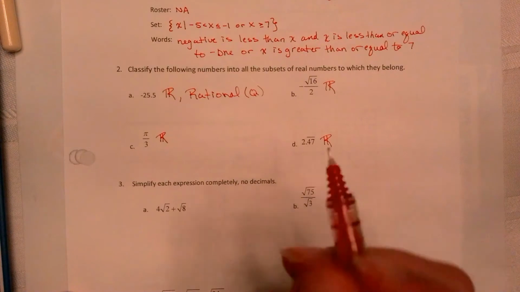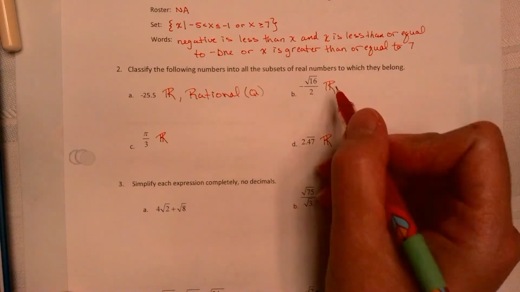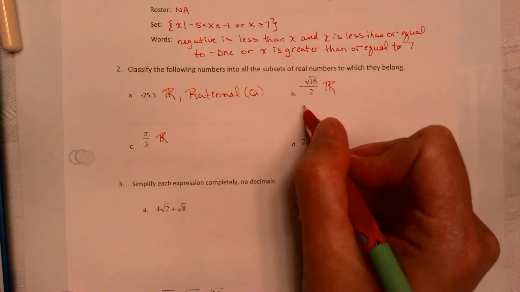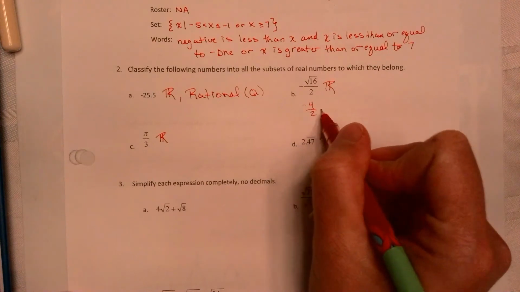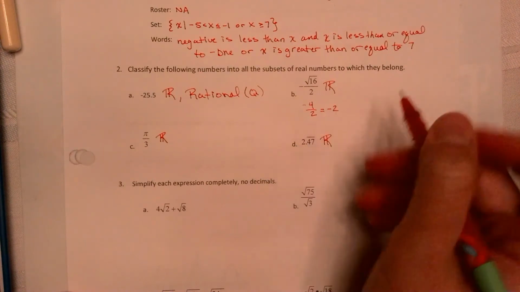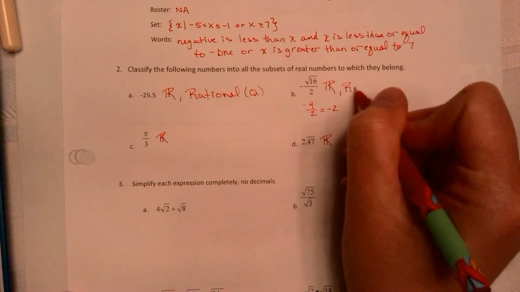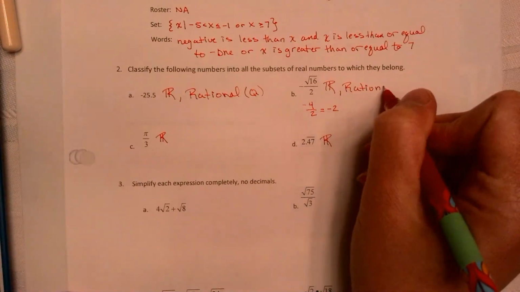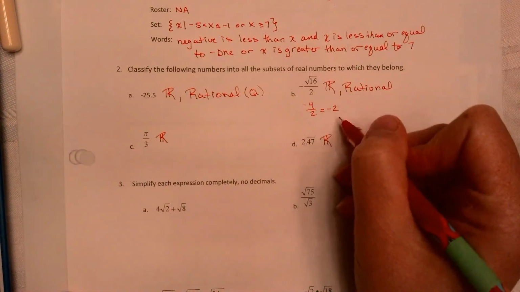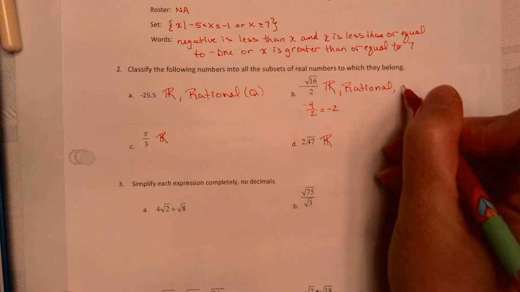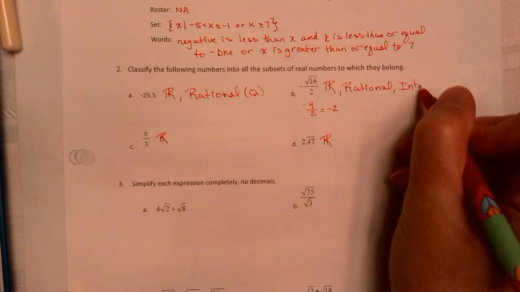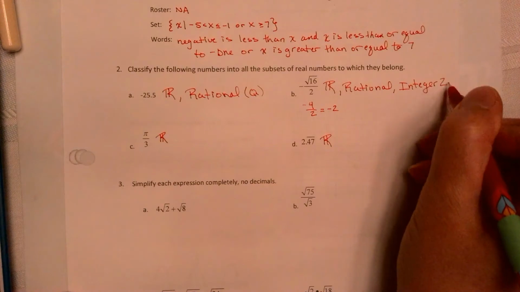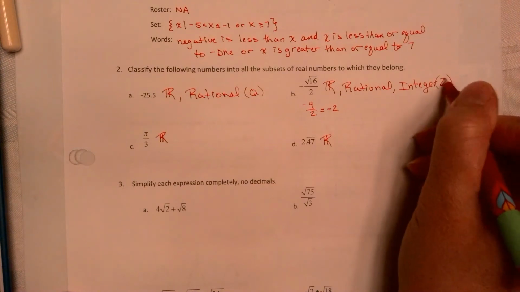All right, now if we go to part B here, I know it's real, but I'd like to see what it is. It's really -4/2, which ends up being -2. So it absolutely is rational, but because it is a negative whole number, we would also consider it an integer. And the symbol for integer is a double-lined Z if you're using that.